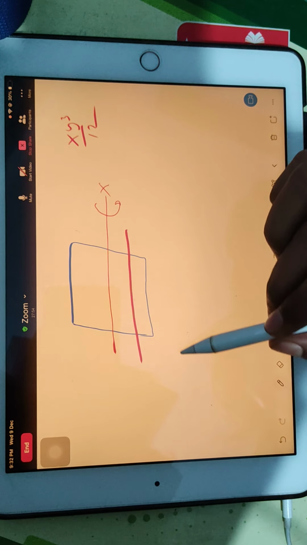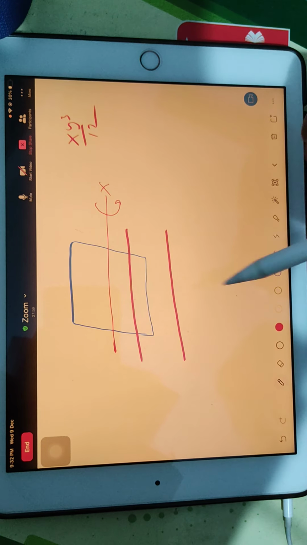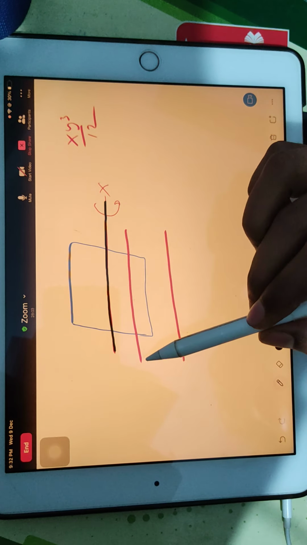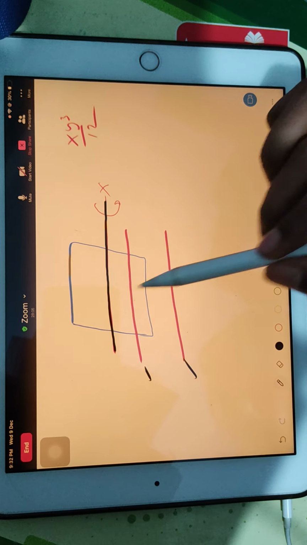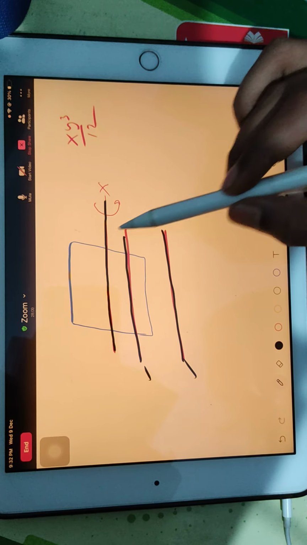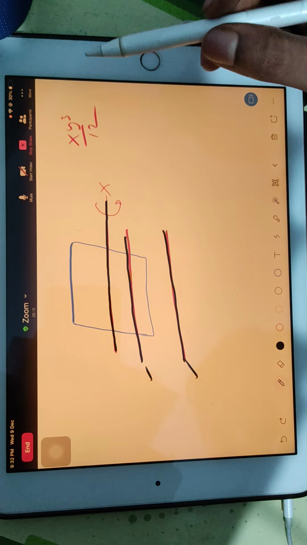It can be in the body or it can be out of the body. Means your body is not rotating about the x-axis exactly. It is rotating about some other axis, but the condition is this other axis, either in the body or out of the body, has to be parallel with the x-axis.